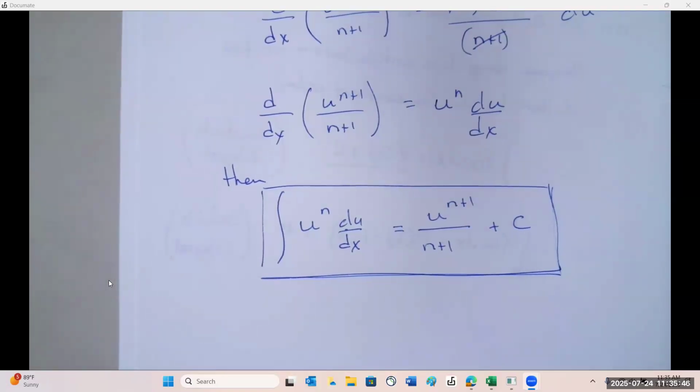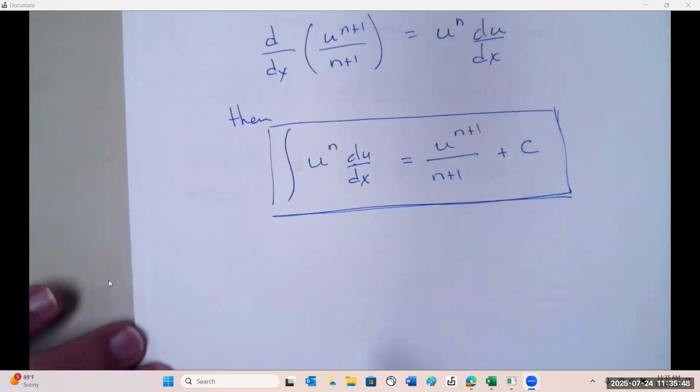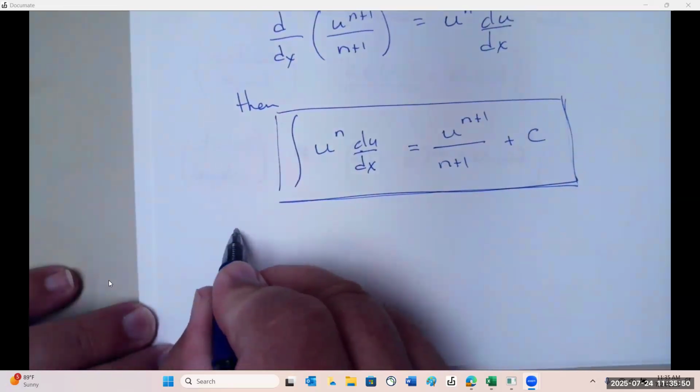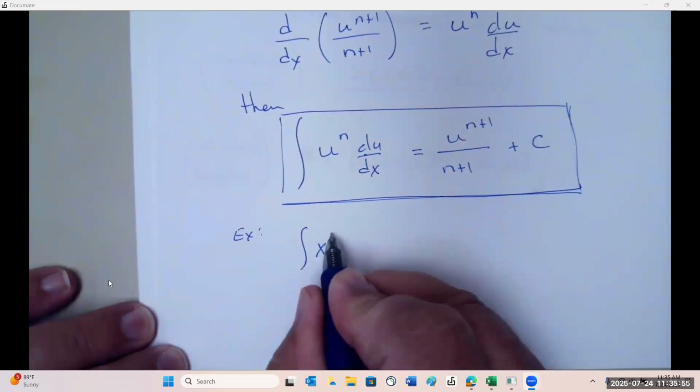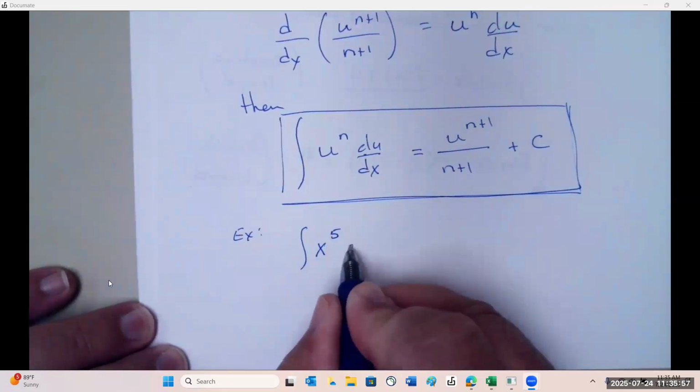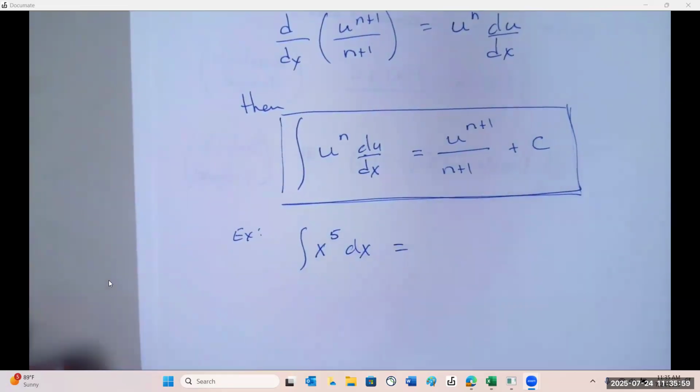So basically, what does it tell you? If I asked for the integral of x to the 5th dx, what would that give me?